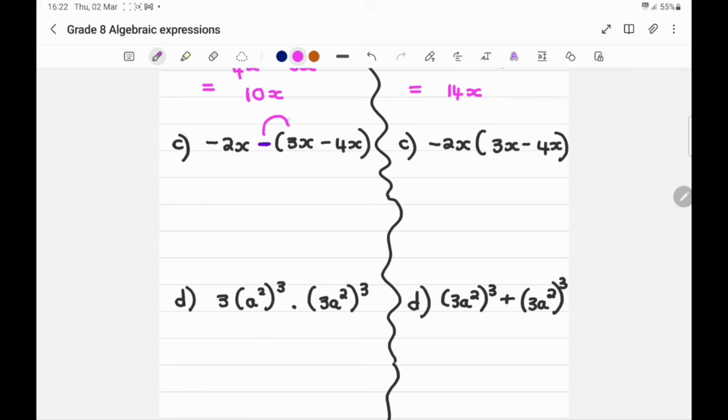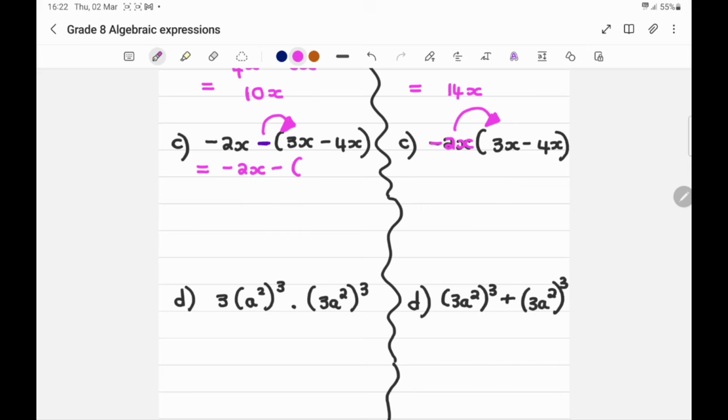Okay, if you look at the difference of these two, what's in front of the bracket? Only a negative that needs to be distributed. What's in front of this bracket? There's not just a negative, but a negative 2x that needs to be distributed. All right, but I can see if I can first simplify inside my brackets, which I can because they are like terms. I'm not allowed to drop my brackets yet.